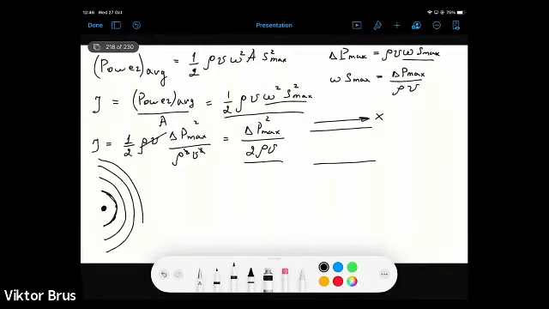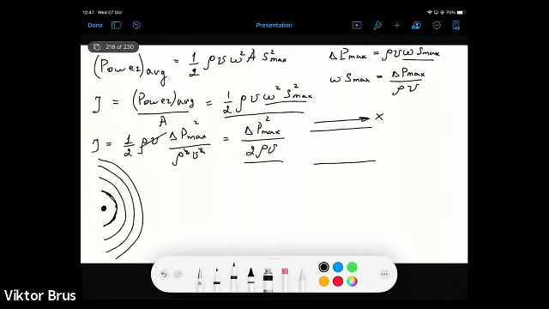In this case, these circles, which are cross sections of spheres, are surfaces with the same phase.